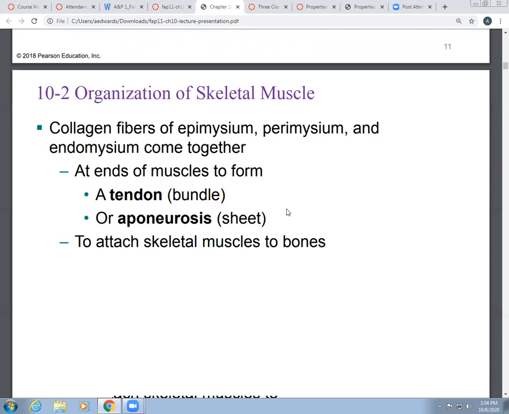Okay, they're attachment points. Because the bones can't move unless they're attached to a muscle. Because the bones give you structure, but they move because they're being moved by muscle.